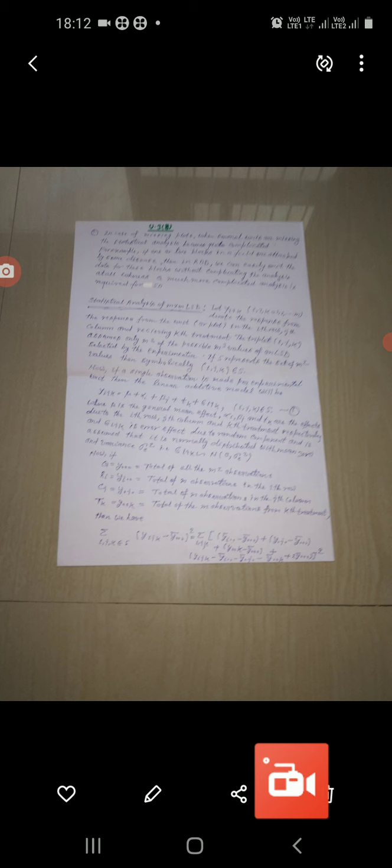then the linear additive model will be Yijk is equal to mu plus alpha i plus beta j plus tk plus epsilon ijk, where ijk belongs to capital S, and let it be equation number 1.